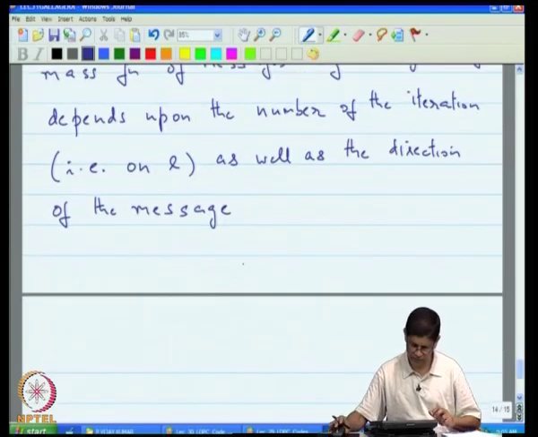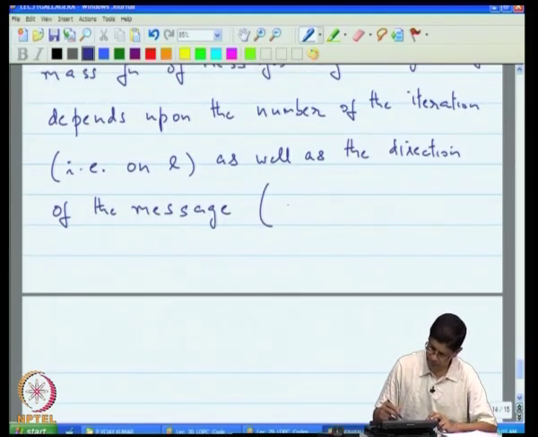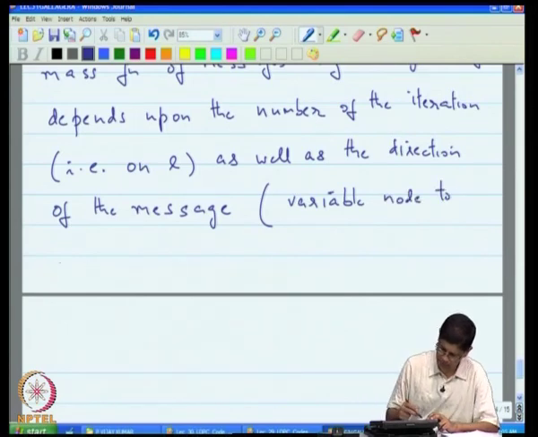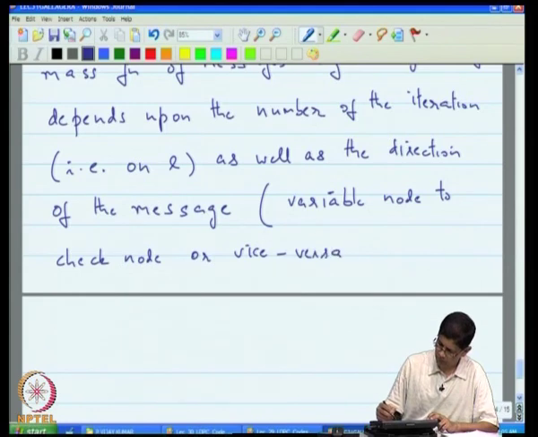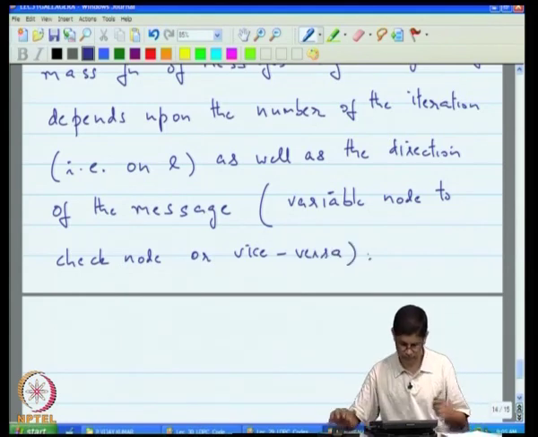That is, the message going from a variable node to check node, or vice versa.